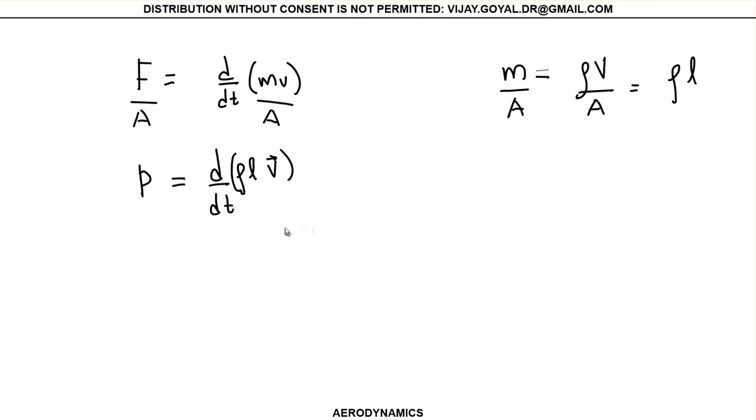Know that my rho can change with time, my length could change in time, and the velocity can change with time. In the event where my rho and my length do not change, I could have a case where my equation actually looks something like this. So this is the equation of momentum.